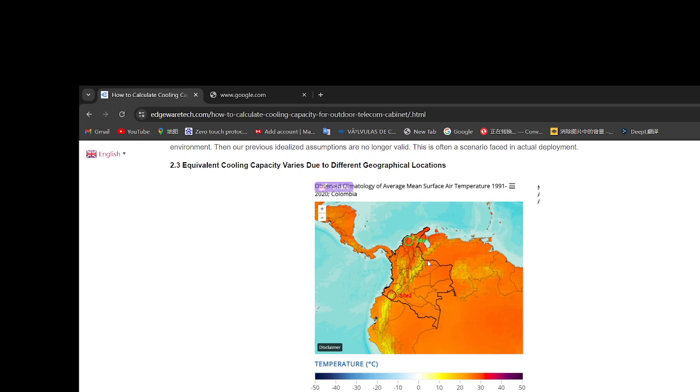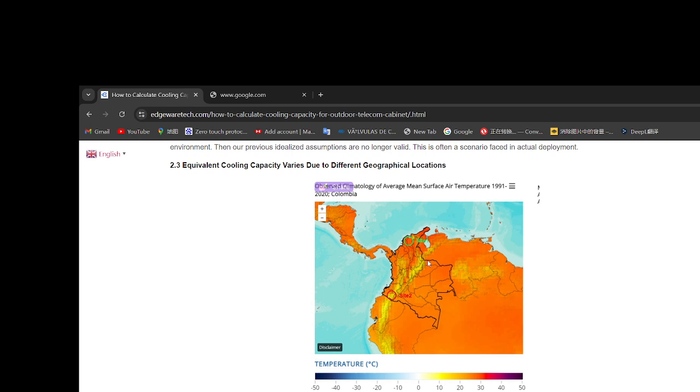Second, based on the season, right? But normally most telecom device providers will give you a configuration based on what my load is, calculate the heat, and configure the air conditioner. But they never consider this issue, the environment temperature difference between different regions.